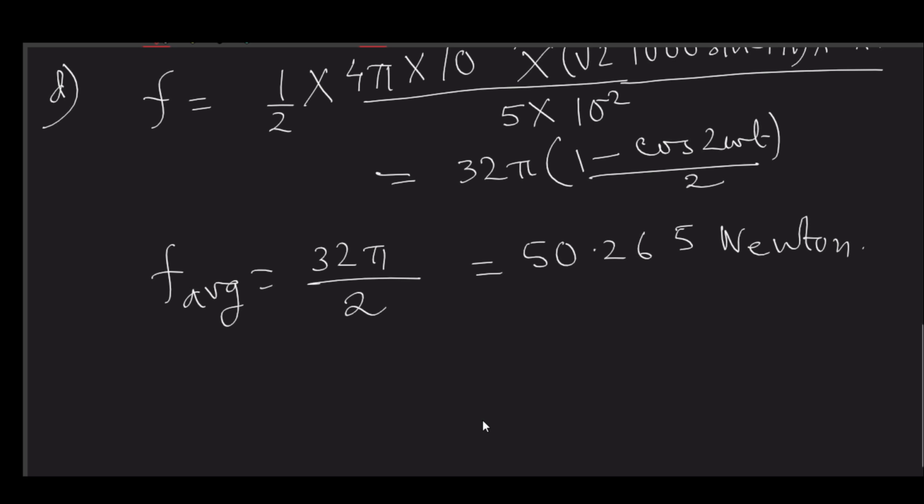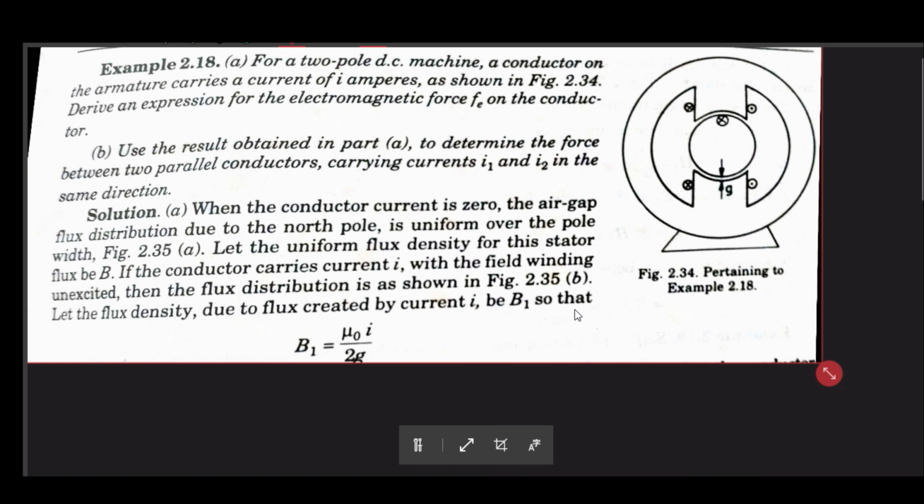Now let us consider another problem. Please read the problem. For a two-pole DC machine, a conductor on the armature carries a current of I ampere.